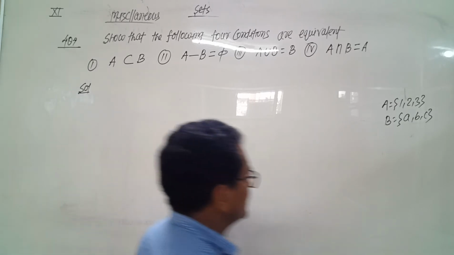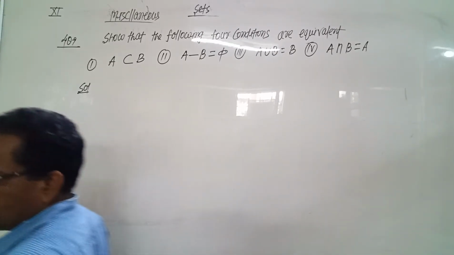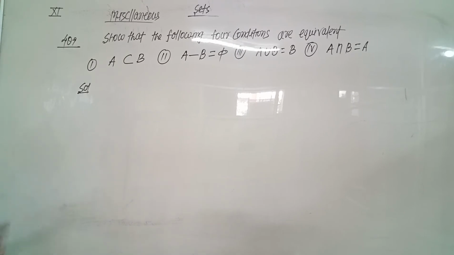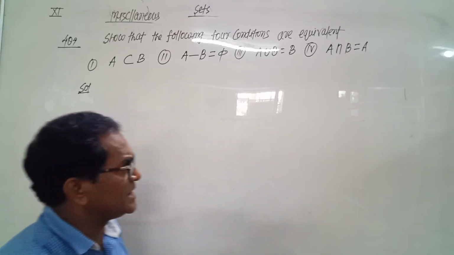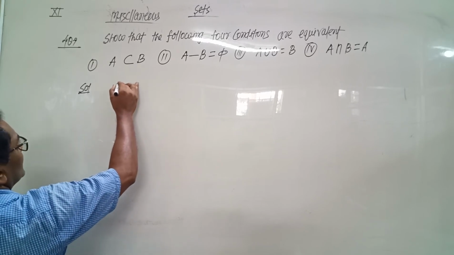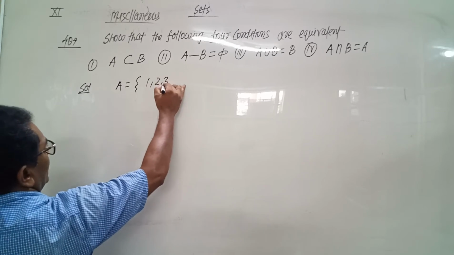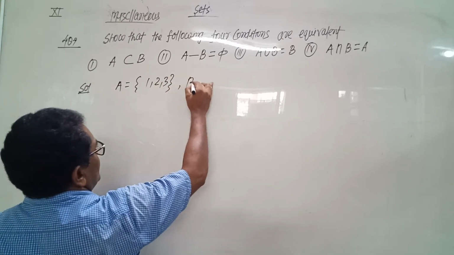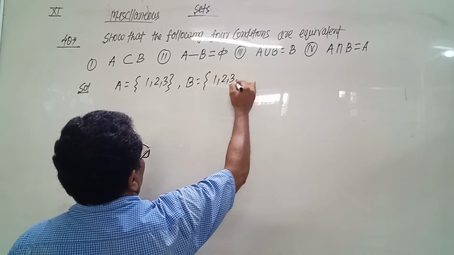Now the four conditions which we have given: A is a subset of B, second, A minus B equals to empty set, A union B equals to B, and A intersection B equals to A. We have to show that these four conditions are equivalent. So let us take an example. Let set A equals to {1, 2, 3} and set B equals to {1, 2, 3, 4}.